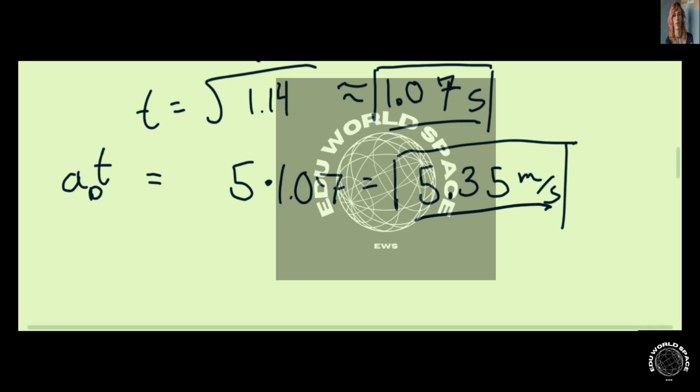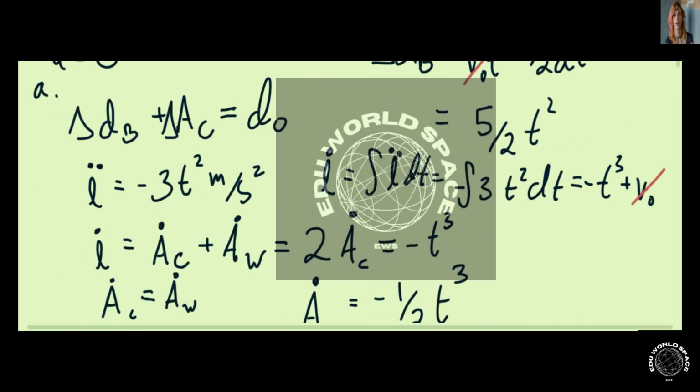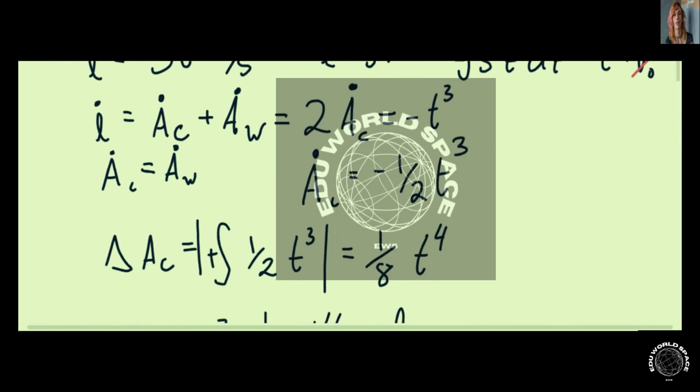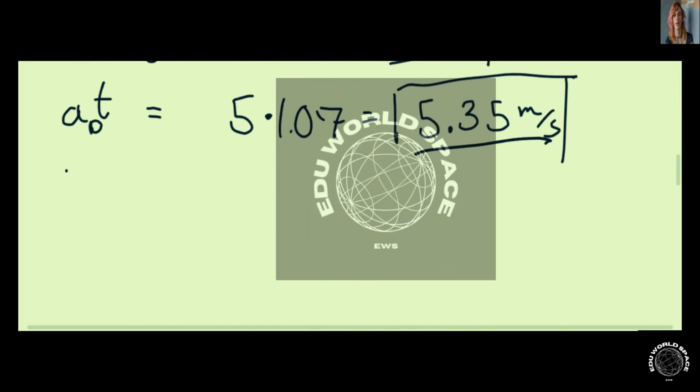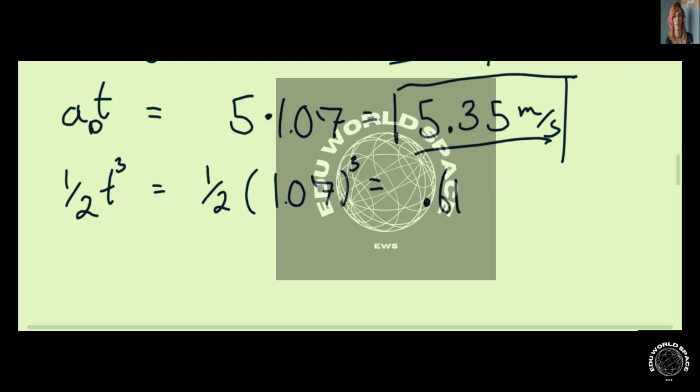For block A, the equation, if you'll recall, was a little more complicated. It was 1/2 t cubed. So this is going to be 1/2 t cubed for block A. So that's going to be 1/2 times 1.07 cubed, which is 0.5 times 1.07 to the power of 3 is 0.613 meters per second.